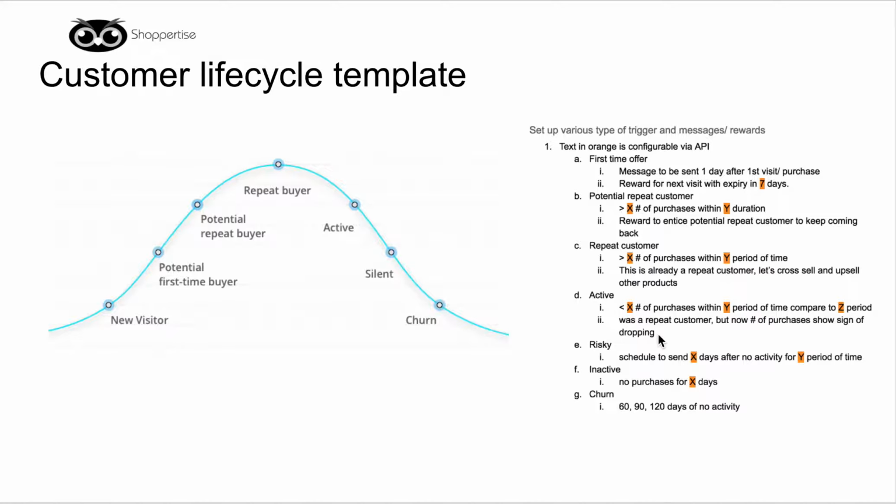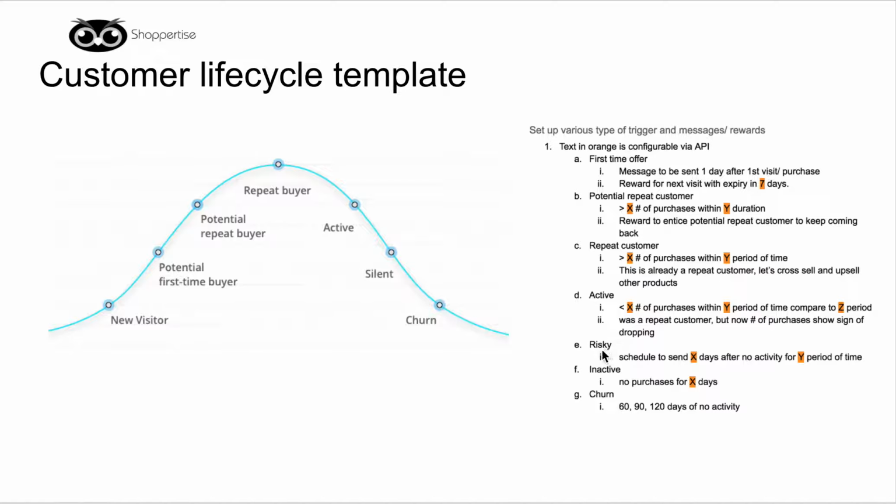Now, one of the more important things is from risky here to churn. So risky, once we define the criteria, what is risky? Maybe they have made a purchase constantly, once in a month, for example, in the last 3 months, and suddenly this customer just stopped coming back, or on intermittent, for example.